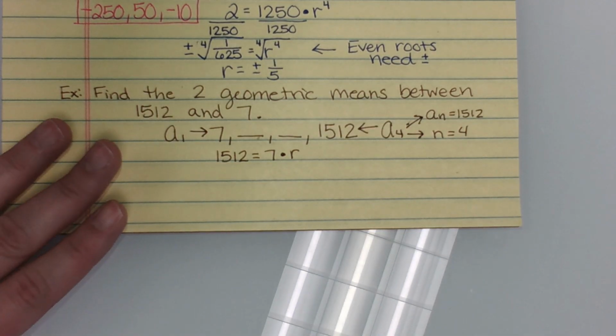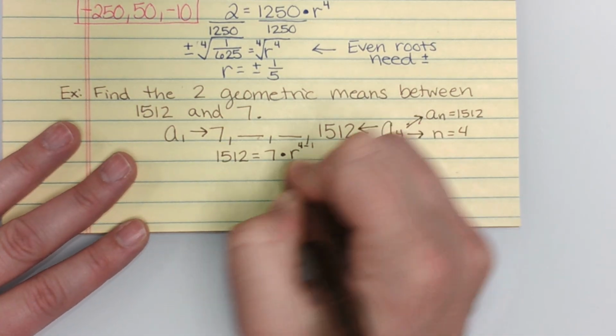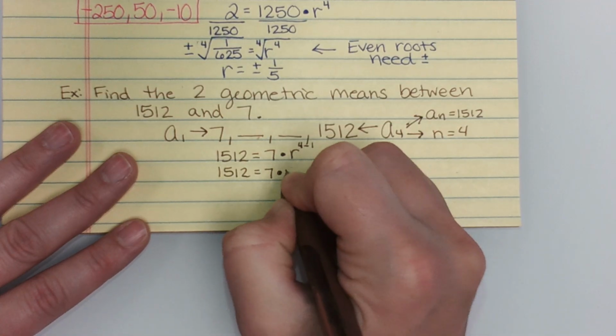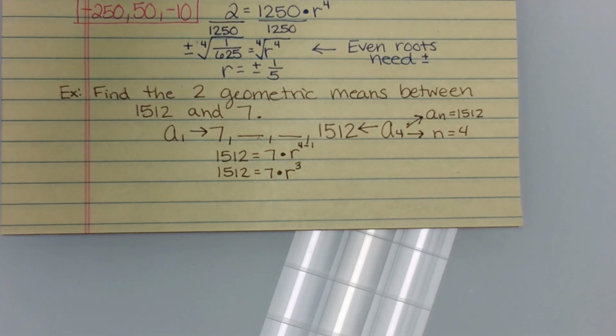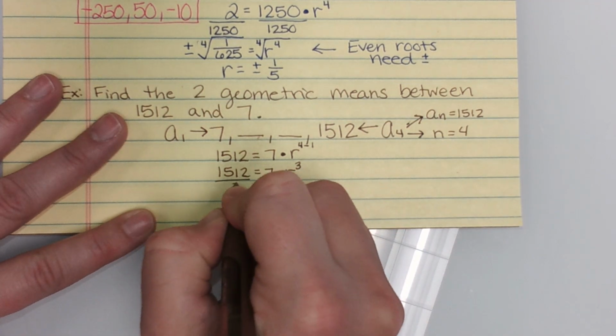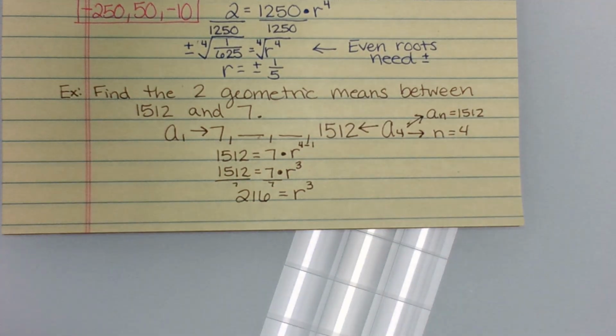To the power of 4 minus 1. Or if you jump directly to the power of 3, I'm good with that. Now what? Divide both sides by 7. What do you get? 216 equals r to the 3rd power.